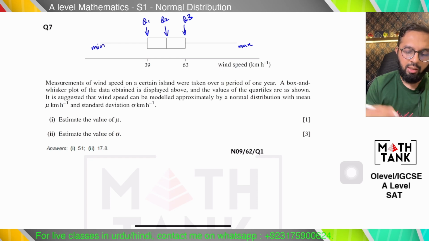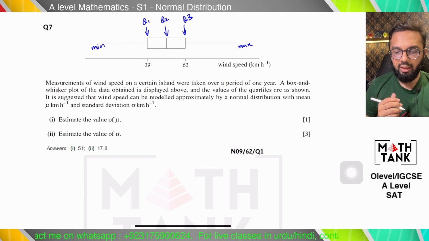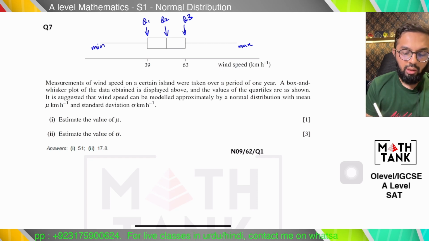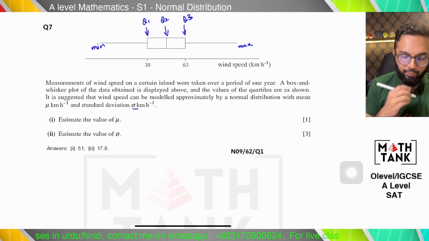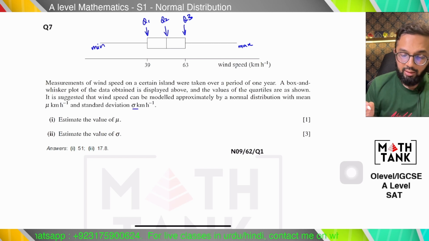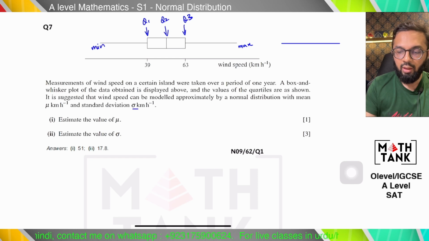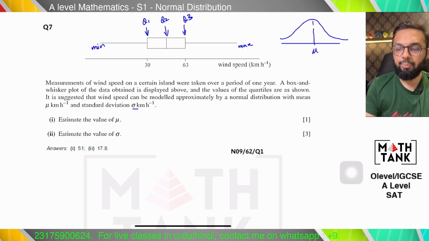It is suggested that wind speed can be modeled approximately by a normal distribution with mean mu and standard deviation sigma. Estimate the value of mu. Since this is a normal distribution, you should remember that when you're drawing this curve, the highest point at the center is mu.